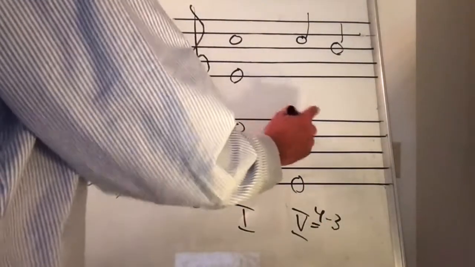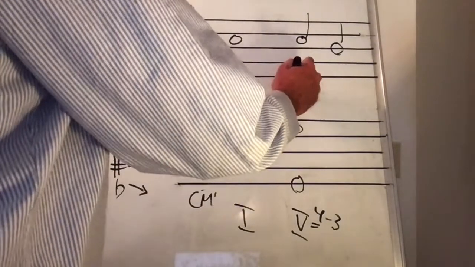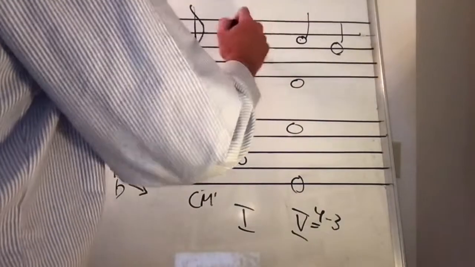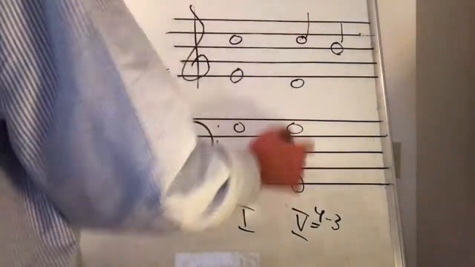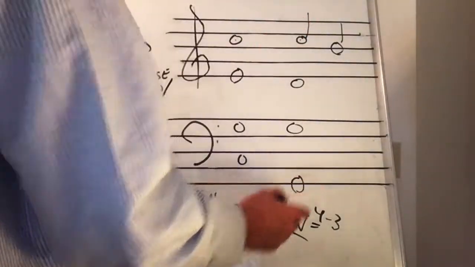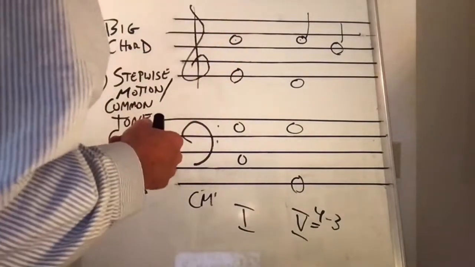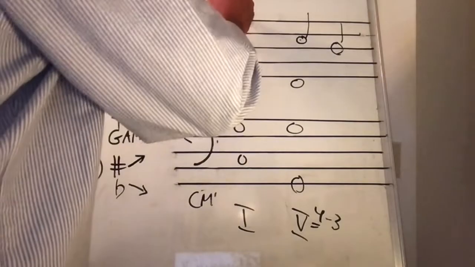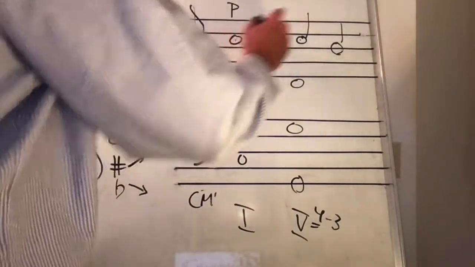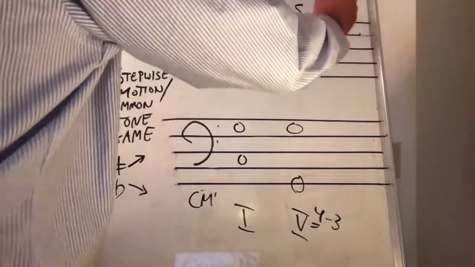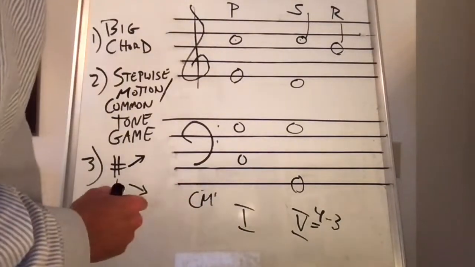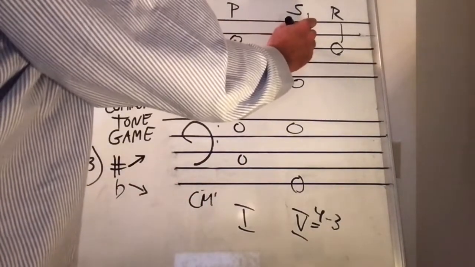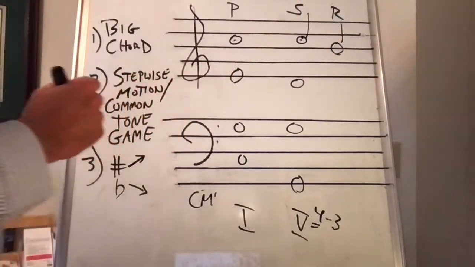So here we'd keep the common tone, and here we'd have the D. And this C being held or being reiterated when the bass changes is just an absolutely fantastic sound. And our textbook tells us that here's the preparation, here's the suspension, and here's the resolution. So remember PSR: preparation, suspended note, and then the resolution.